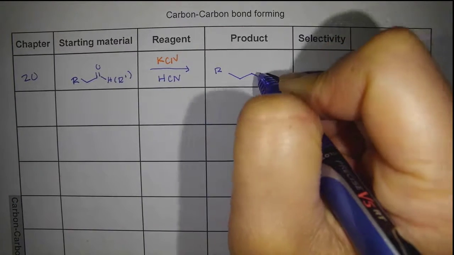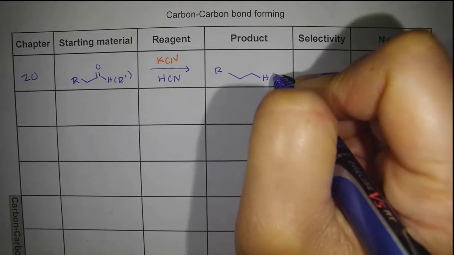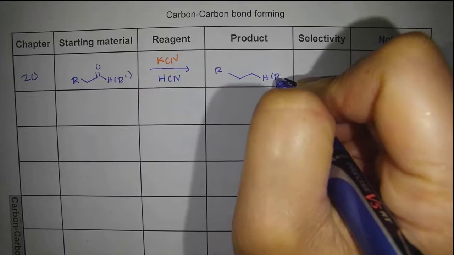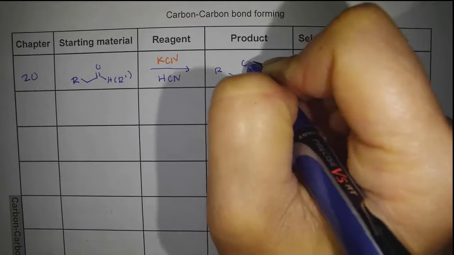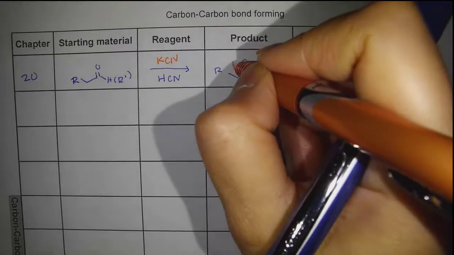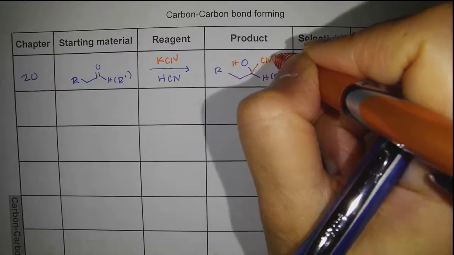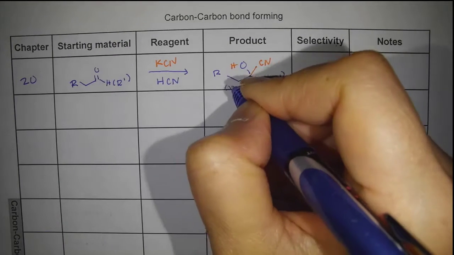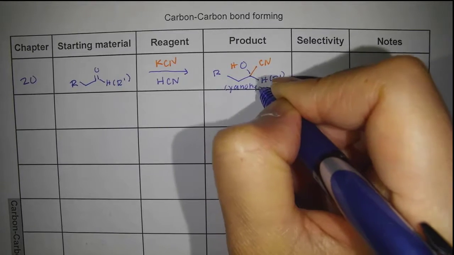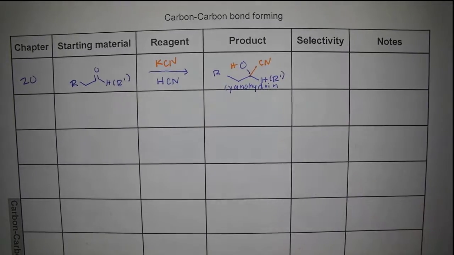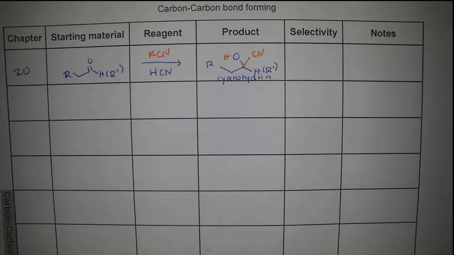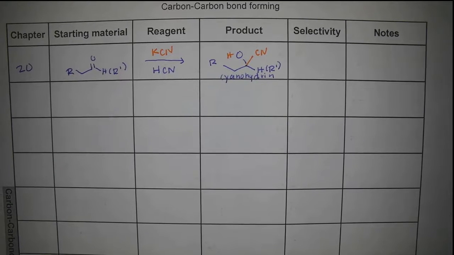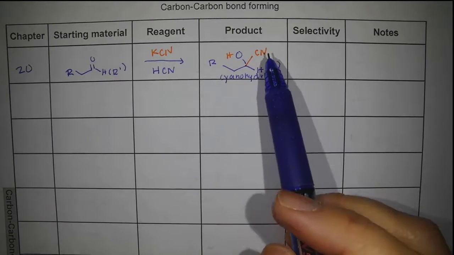So that CN minus is going to attack the carbonyl. So you add that carbon, or that nitrile group. This is a cyanohydrin. So that is a way to add a carbon. And when we get to the reduction page, we can see how to reduce that to an amine or to make it into the carboxylic acid.